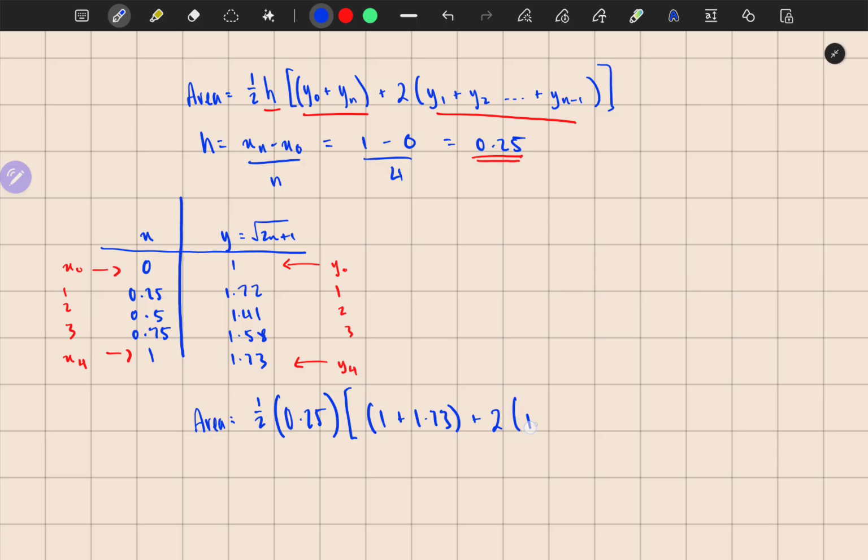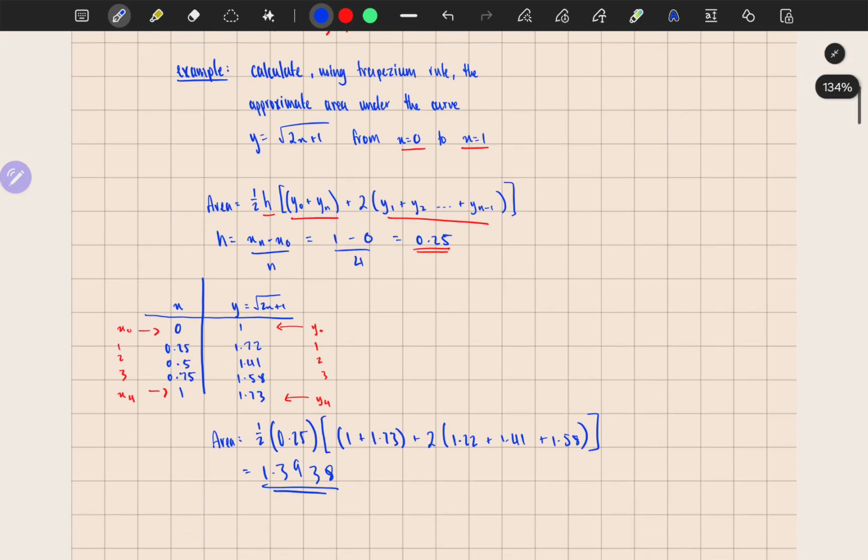So it'll be plus 1.22, plus 1.41, plus 1.58, and all of that gives you a final answer of 1.3938. So that is your approximate area using the Trapezium rule.